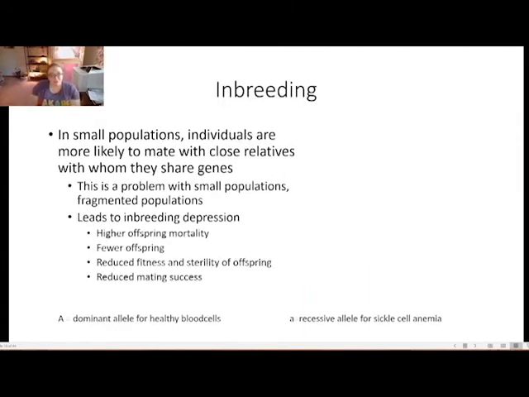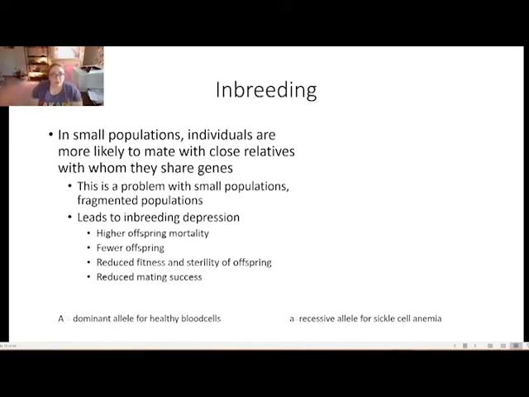Genetic drift isn't the only factor that can alter genetic diversity. Inbreeding, when individuals mate with close relatives with whom they share genes, is also a really big issue in genetic diversity. And again, it's a larger issue in smaller populations or fragmented populations.